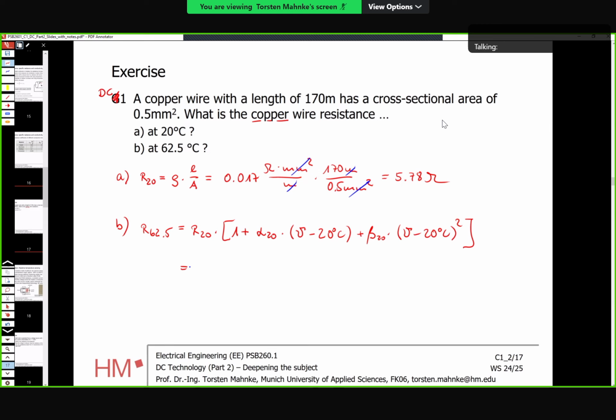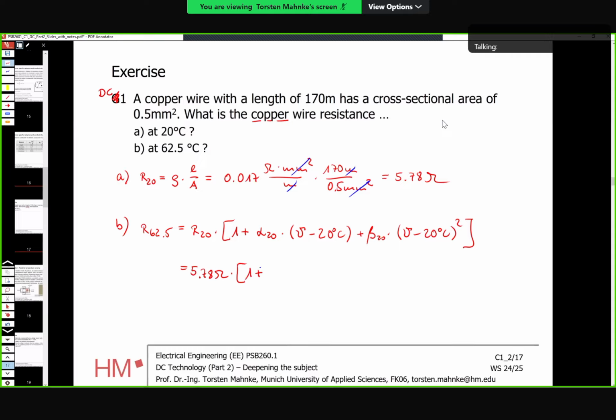Okay, now you just have to plug in the values. You will find alpha and beta in the table on one of the previous slides. R20 is what we just calculated, right? One plus.